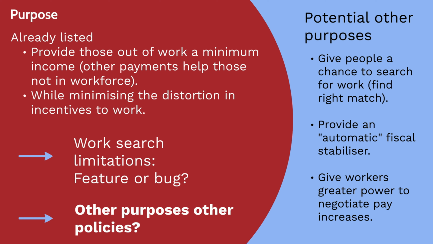Furthermore, look at all three of those. They all relate to the labour market still. They all relate to the decision about how to go out and find work and the reward for finding that work, and therefore how we would think about it in what we'd call an insurance sense. So if we think there's an insurance motive to the unemployment benefit, then those three elements become very important.